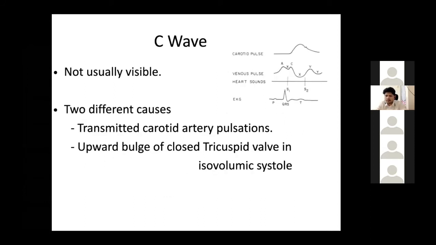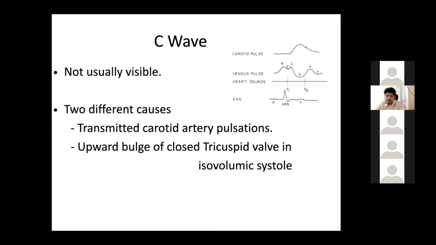Now the C wave, as I already discussed, is not usually visible. There are two mechanisms. One is the upward bulging of the closed tricuspid valve during isovolumetric contraction, and the other is transmitted carotid artery pulsations. Normally we do not tell the C wave, but sometimes in severe tricuspid regurgitation we tell CV waves. Now, in this diagram, you can see there is a C wave and there is a V wave.